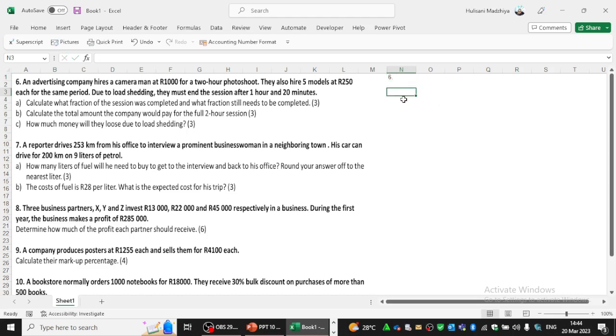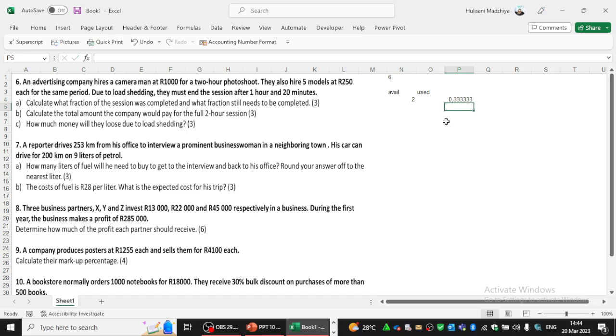So we're going to say time. If we're using hours, we have 2 hours available, and the time used is 1 hour 20 minutes. If I convert 20 minutes into hours, that will be 20 divided by 60, which equals 0.3333.